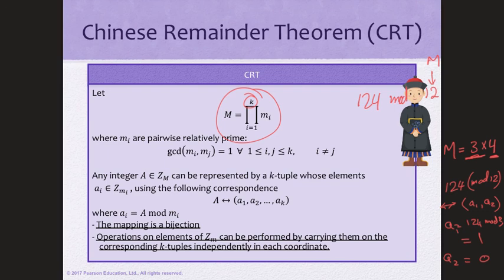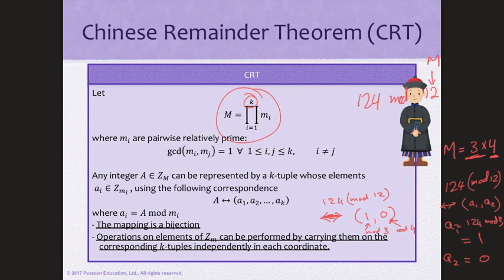So basically, 124 mod 12 can be mapped to two elements. The first one is 1 and the other one is 0, where this is mod 3 and this is mod 4.